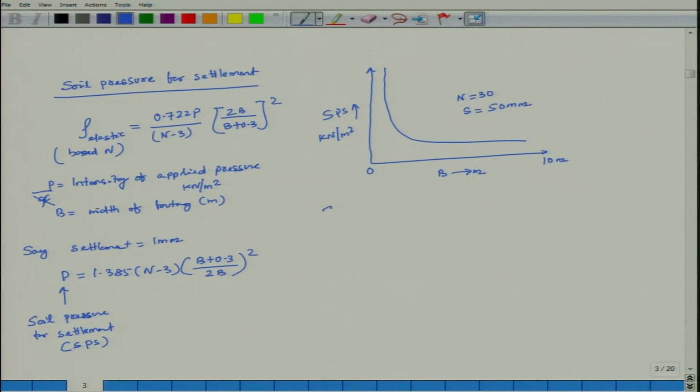That means SBP increases linearly with B, while soil pressure for settlement decreases hyperbolically with B. So, SBP increases linearly with B, and SPS decreases hyperbolically with B. Let me superimpose both of these to see how it looks.